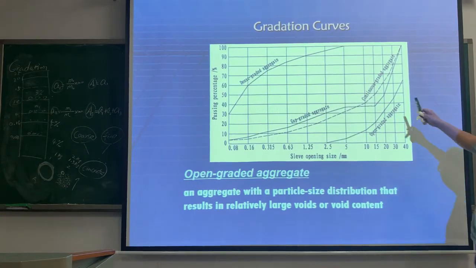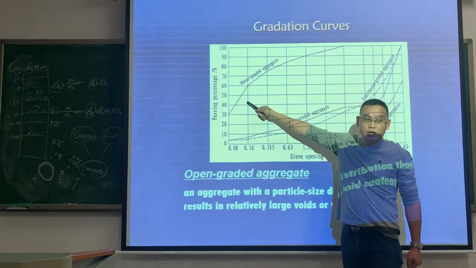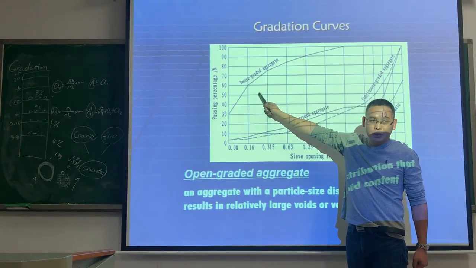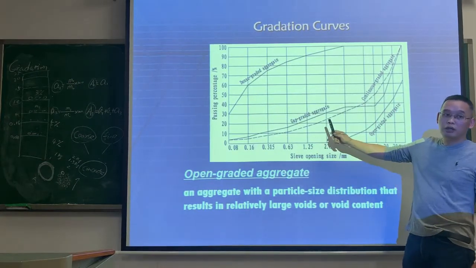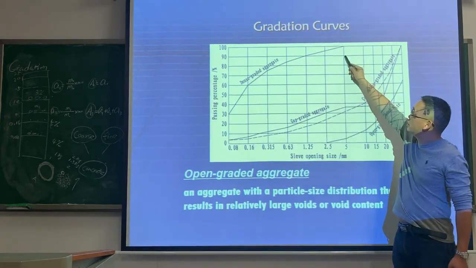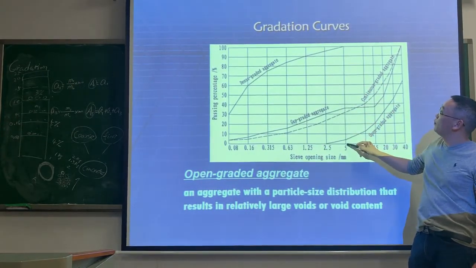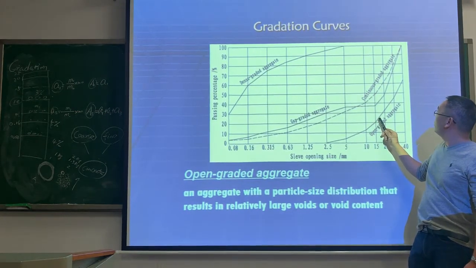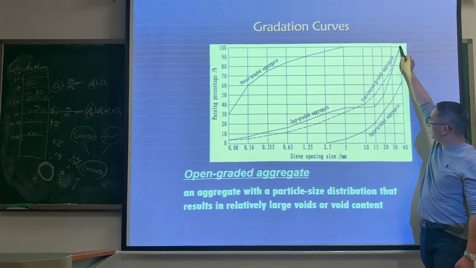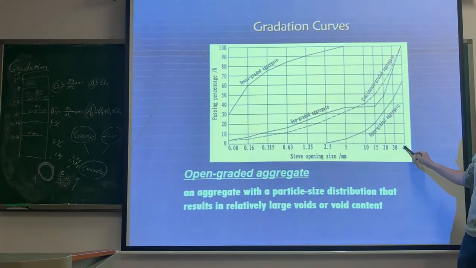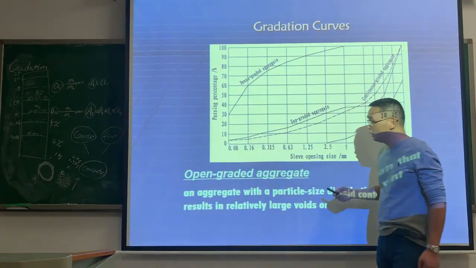So for example, for this curve, which size is the maximum size of it? This one. And for this one, we cannot find it. But for this one, we can find it. The maximum size is 40.